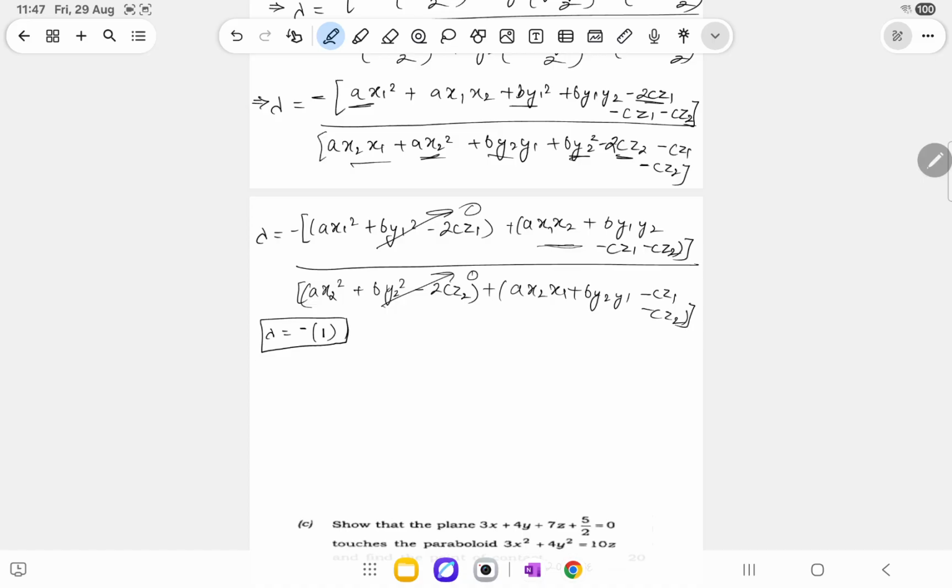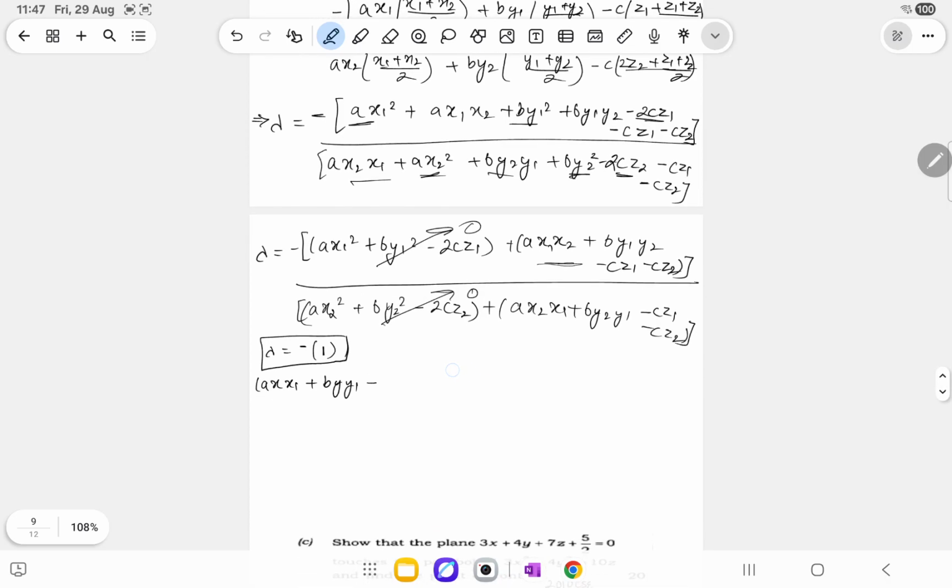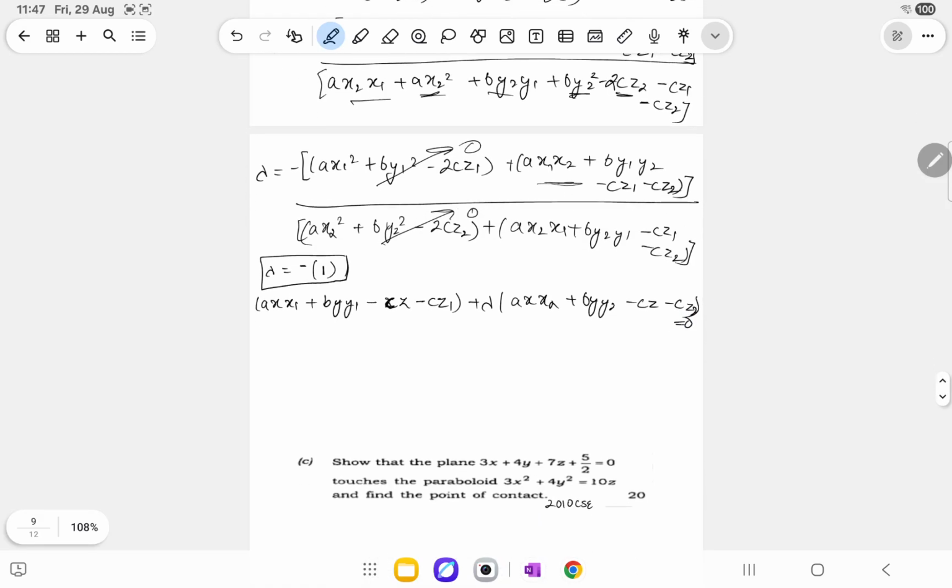So the equation of the plane passing via line RS and the middle point will be basically axx1 plus byy1 minus cz minus cz1 plus lambda into axx2 plus byy2 minus cz minus cz2 is equals to 0. So this is basically the equation of the plane.